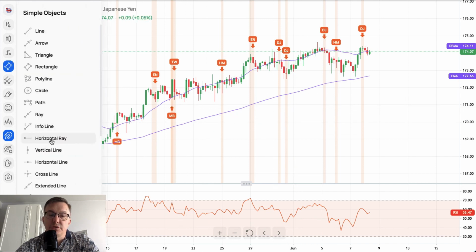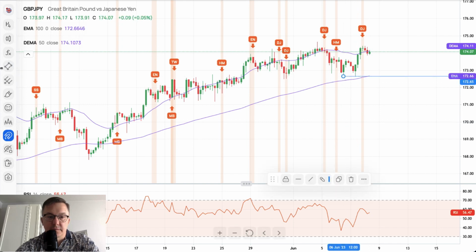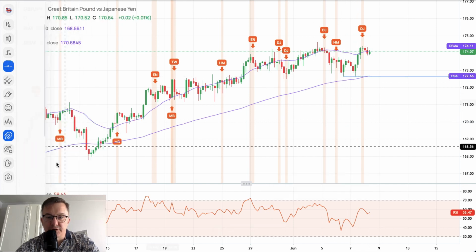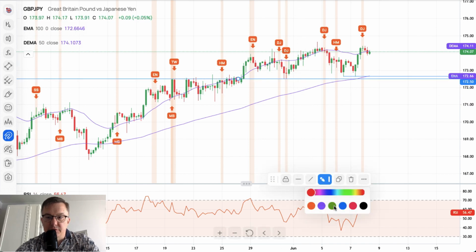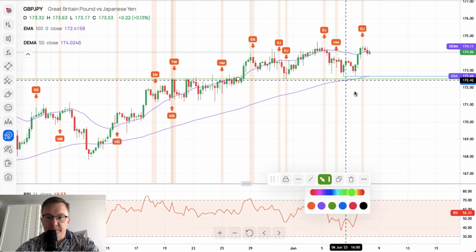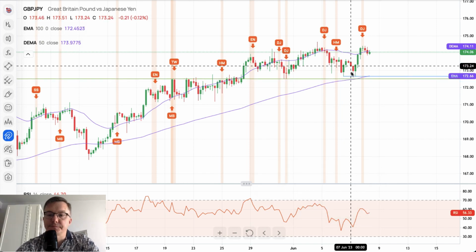There is no indication of any sort of uptrend termination or reversal. We got the technical support at 172.50 and the other located at 172.66, intraday technical support.